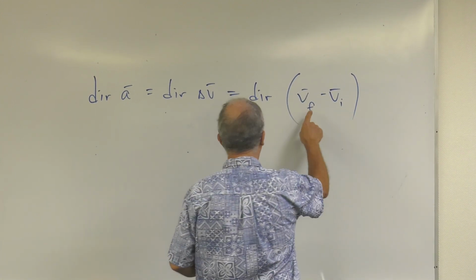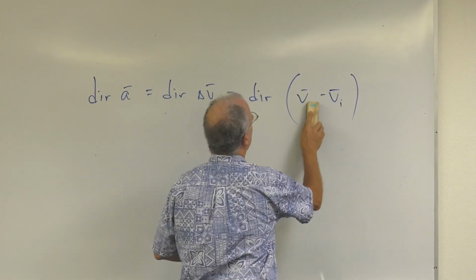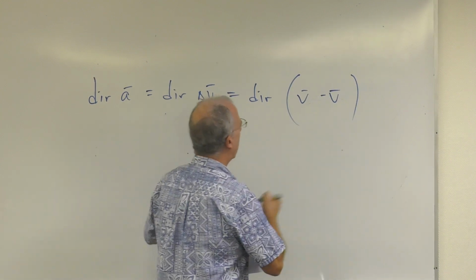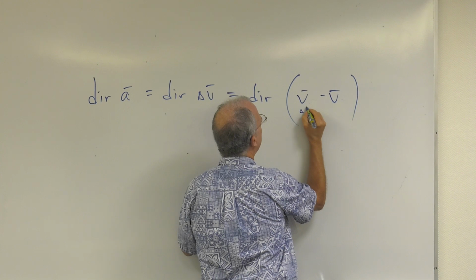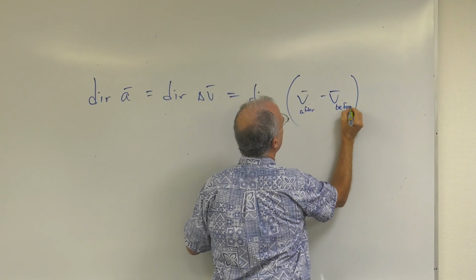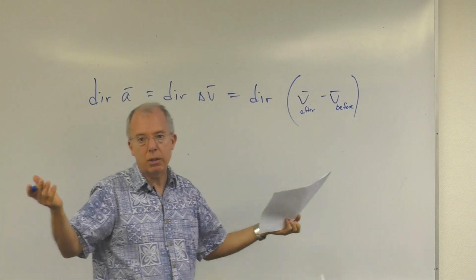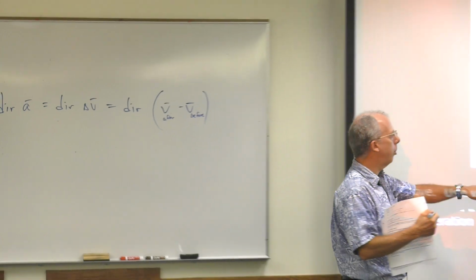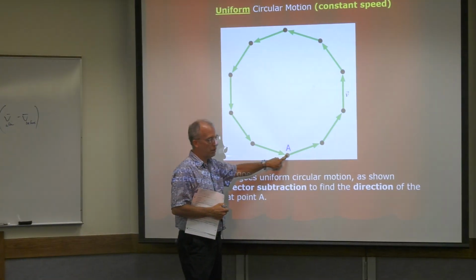Now, let me change this just a little bit. Instead of saying V final and V initial, I'm going to say V after and V before. Final and initial, after, before. So here we have a point. We want to know what the acceleration is, right?